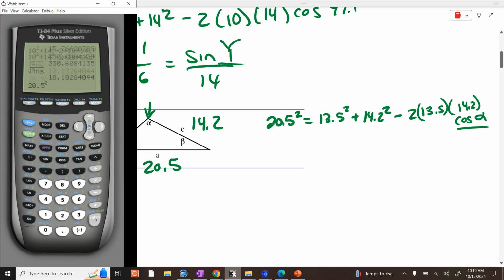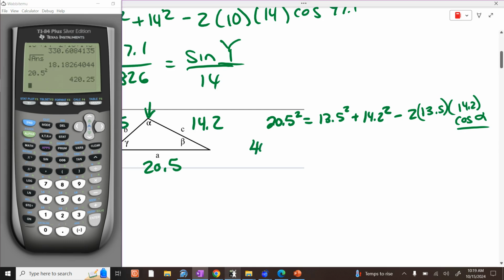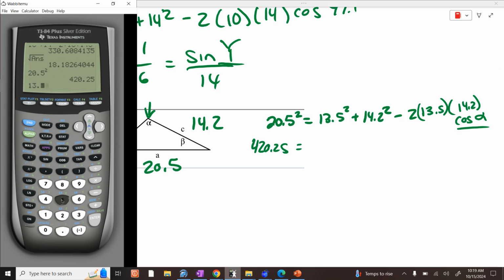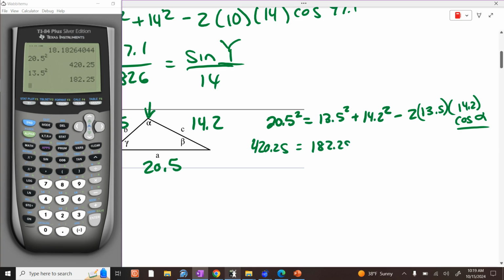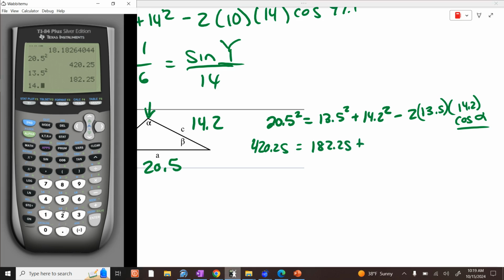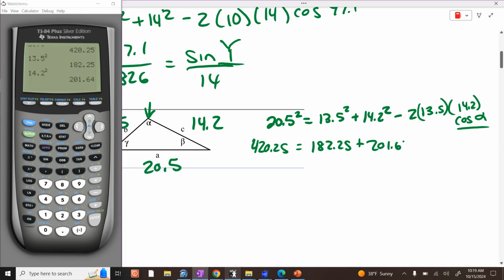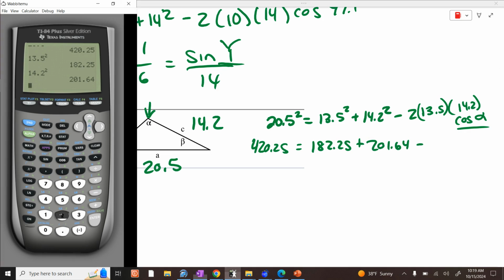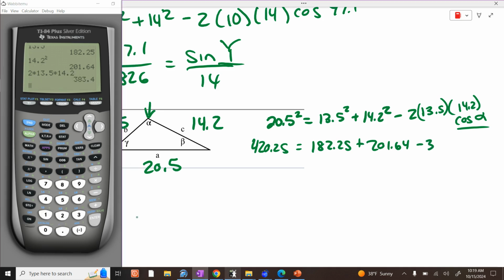So my first step is to square everything out. So 420.25 equals 182.25 plus 201.64 minus 383.4 cosine of alpha.